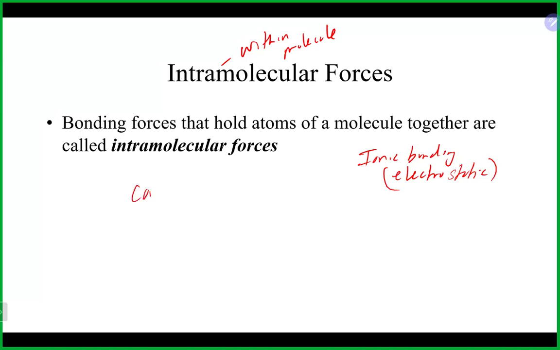That's also covalent bonding if we're talking about molecular compounds, like we see in just one water molecule. So in just one water molecule, the sharing of electrons between the oxygen and the hydrogen, on both sides within that one molecule, is the intramolecular force.